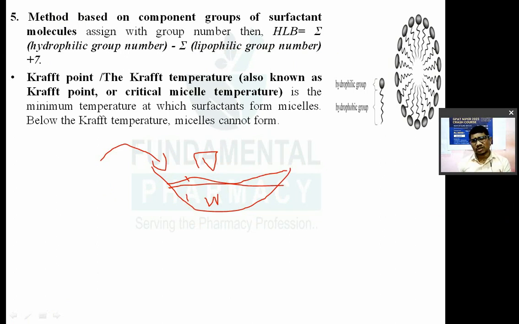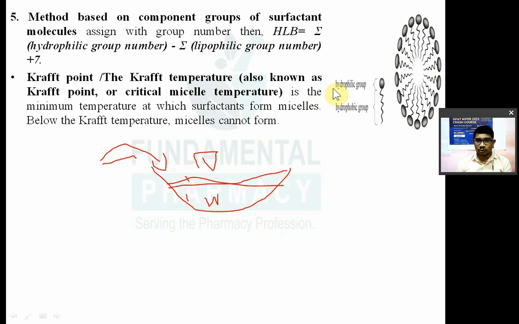If you increase the concentration of surfactant, what will happen? Initially, at a low concentration, surfactant molecules will be individual entities, present as individuals.